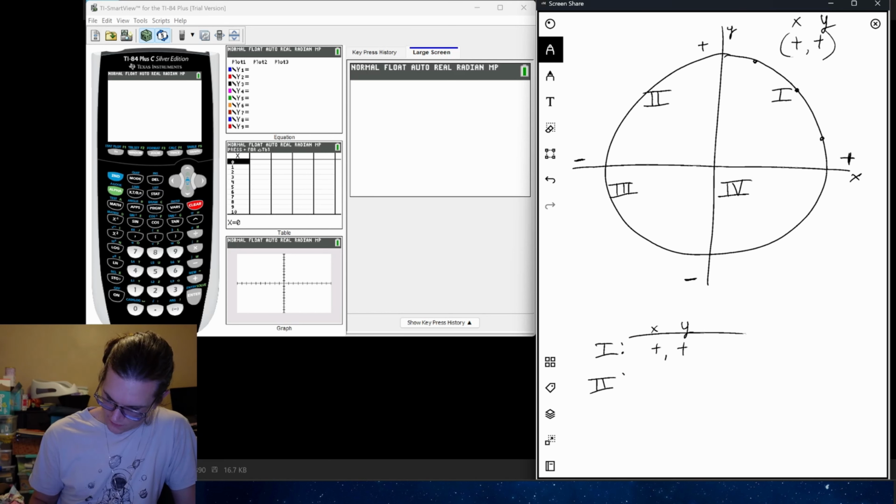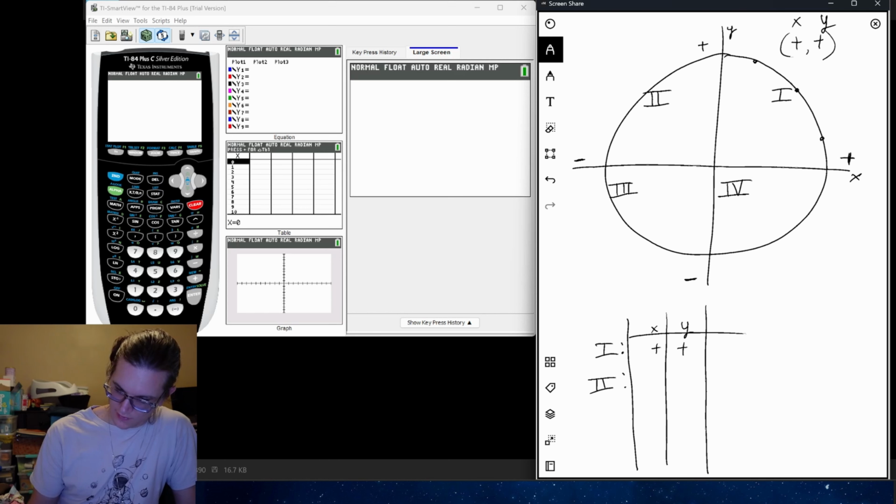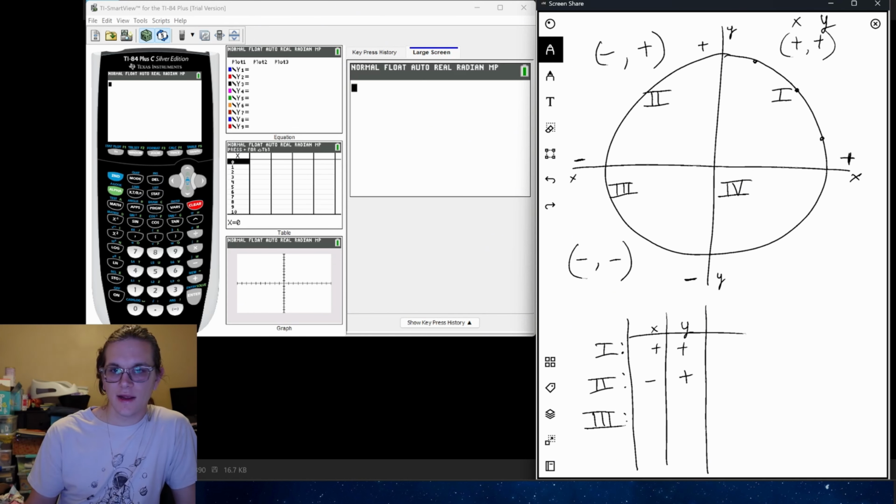Everything in quadrant 2 is negative for x, positive for y. Everything in quadrant 3 is negative, negative, because we're over here and we're down here. And then in quadrant 4, the x is positive and the y is negative.